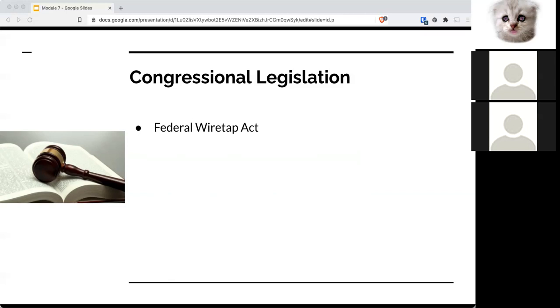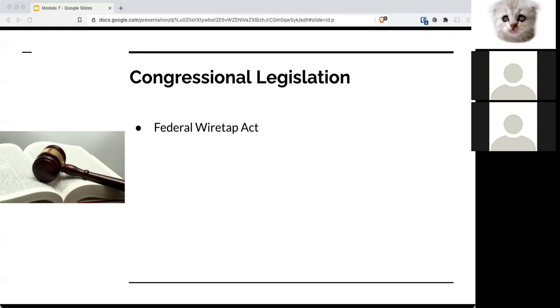Under this law, service carriers may on occasion monitor and intercept communications to combat fraud and theft of services. This law was amended in 1986 by the Electronic Communications Privacy Act to include transmissions from a computer.